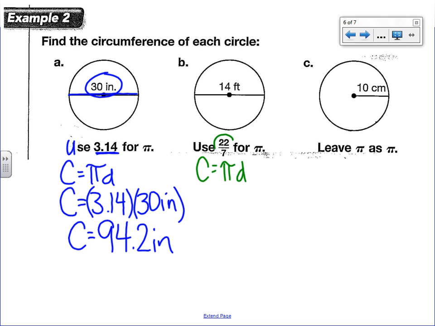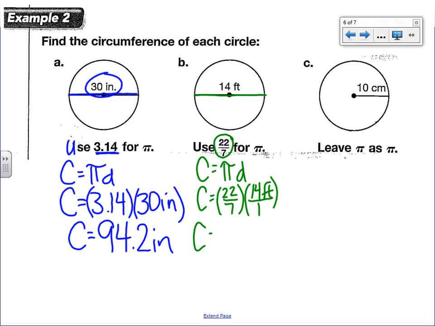This time they tell us to use 22 over 7 for pi. And again, they went ahead and gave us that diameter. So I have C equals, instead of pi, I'm going to put 22 over 7. And instead of diameter, I'm going to put 14 feet. Because the pi is represented as a fraction, I'm going to make this a fraction by putting it over 1. Now, I can just multiply straight across.